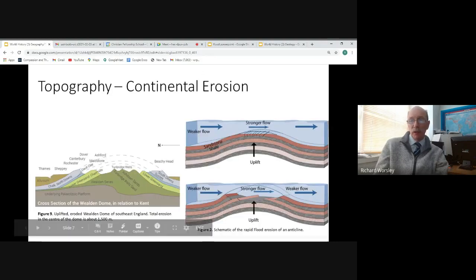Other features that would be created, and this is one closer to my heart because I was brought up in Bognor Regis, is the South Downs. Classically, it looks like there must have been originally chalk going from one side to the other, the North to South Downs, and other features.